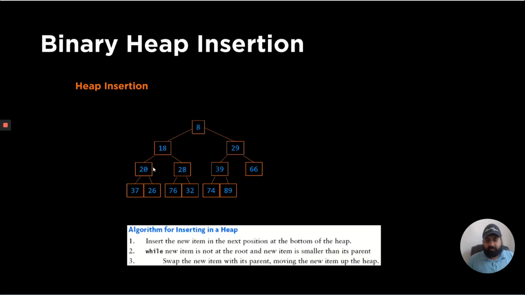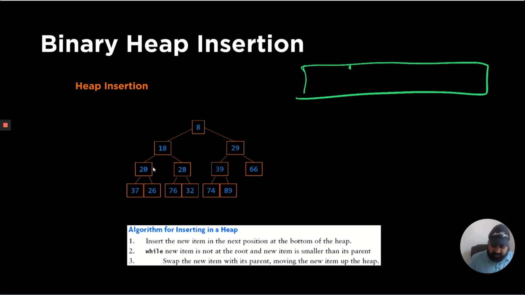So let's talk about insertion, like how do we insert values into a binary heap? The algorithm for insertion is pretty straightforward. Basically, you find out which is the last element in the array. If you are storing these numbers in the array, level by level, there must be some space remaining in the array, like for these two places. And if this was also filled, there's space right here.